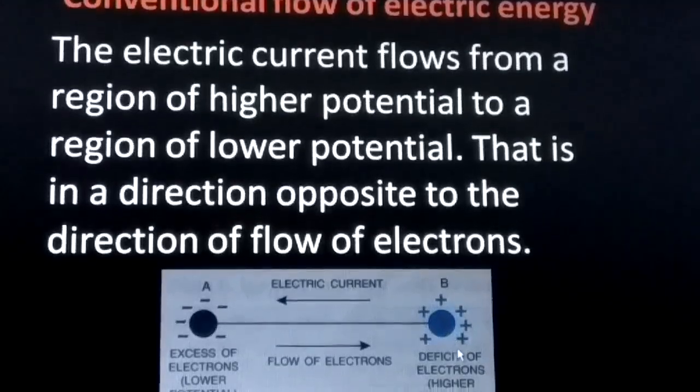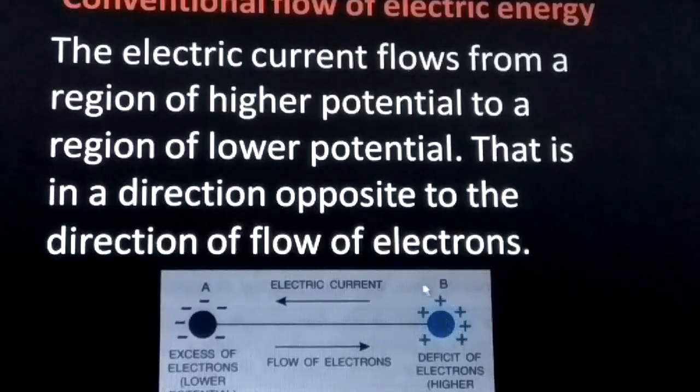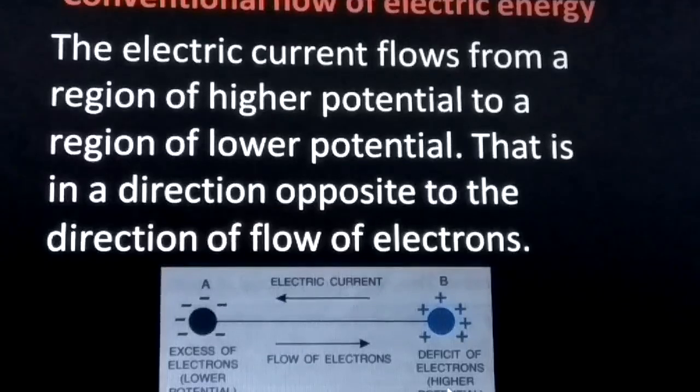It has a deficiency of electrons, but here it is a higher potential. So conductor A is at lower potential, whereas conductor B is at higher potential.